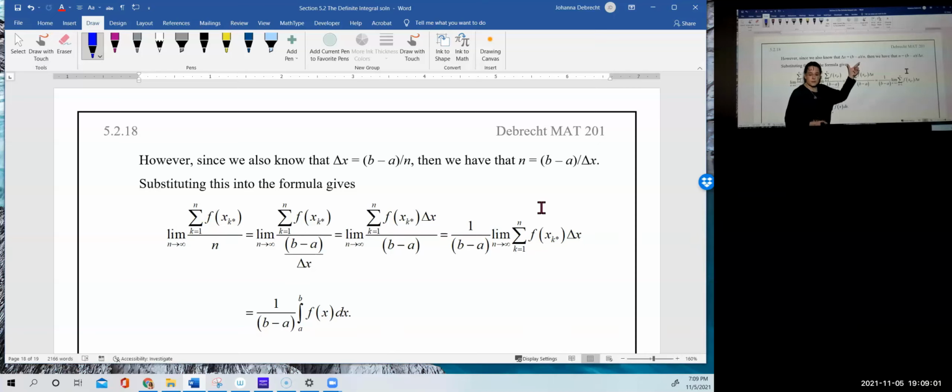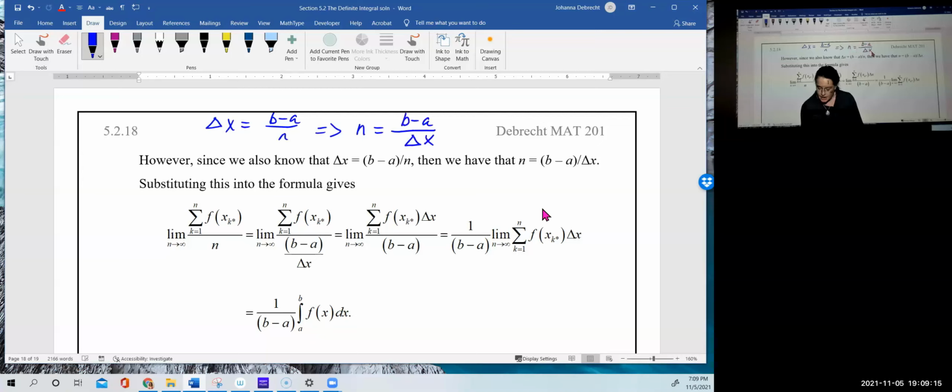If we take this formula and we solve it for n instead, then we have the relationship that n is equal to b minus a divided by delta x. That means that I can substitute that in the expression for the average value. Instead of using n, I can use b minus a over delta x instead.